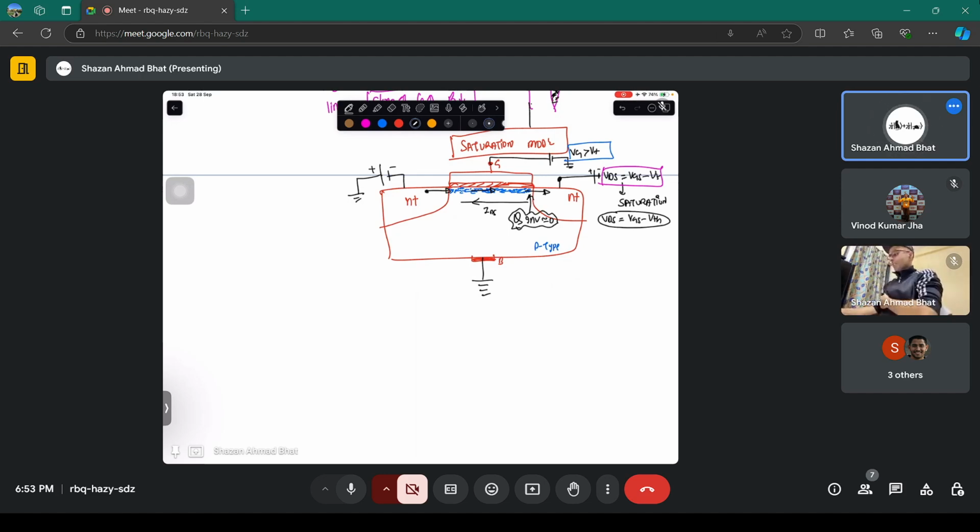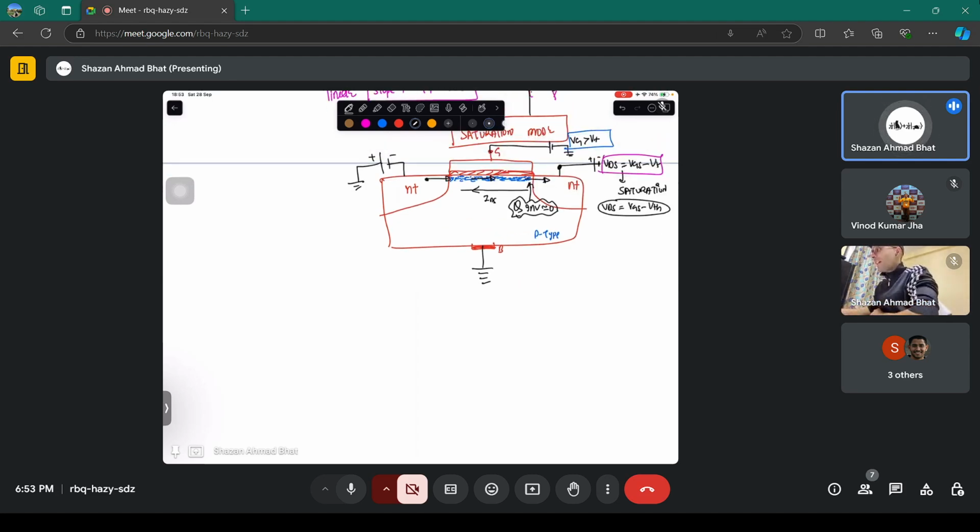That happens because, if you draw the band diagram of this particular MOSFET, it is similar to what you do in a PN junction. In a PN junction, when the PN junction is made in equilibrium, you have the band diagram like this. Constant Fermi level. This is the conduction band, this is the valence band, this is the Fermi level.